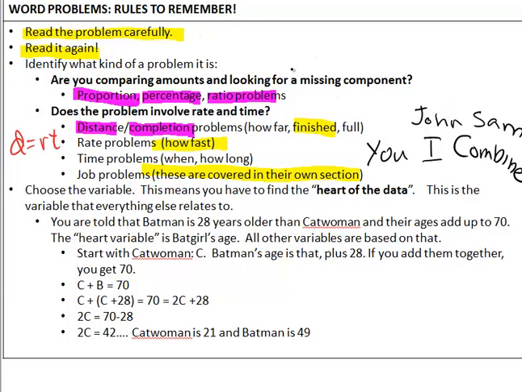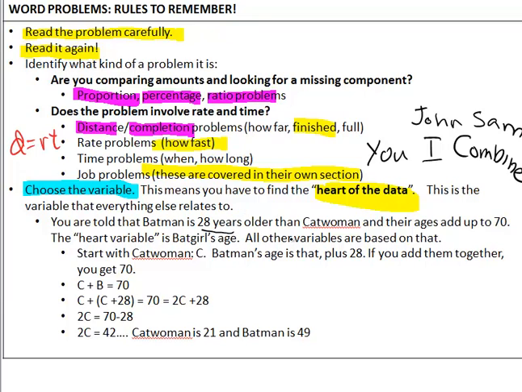So once you've decided what kind of a problem it is, you have to choose the variable. And this means basically that you have to come to what I call the heart of the data. And this is the variable that everything else relates to. So, for instance, if you're told that Batman is 28 years older than Catwoman, and their ages add up to 70, I'm going to come through this and I'm going to look for the heart variable.